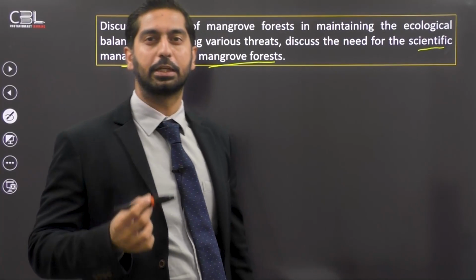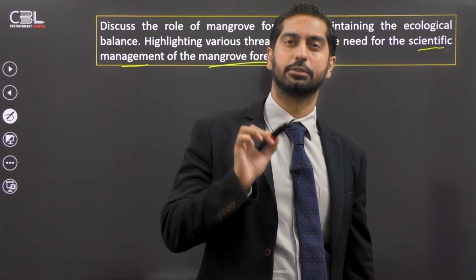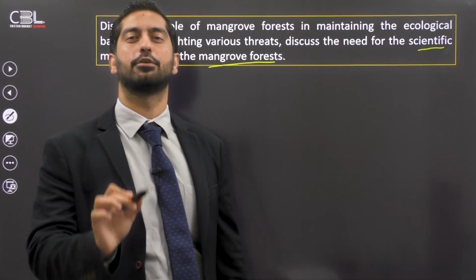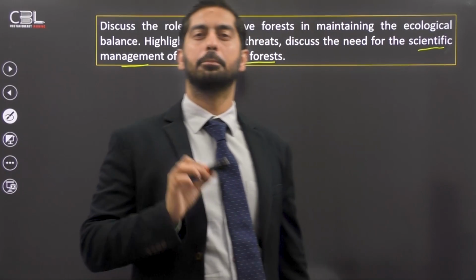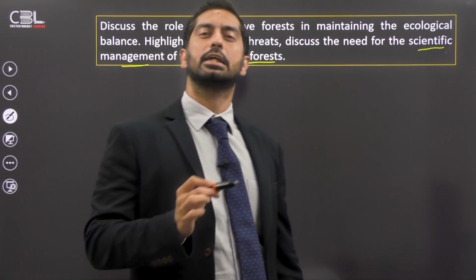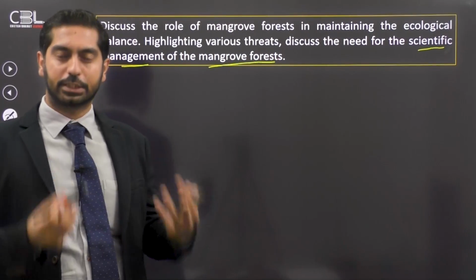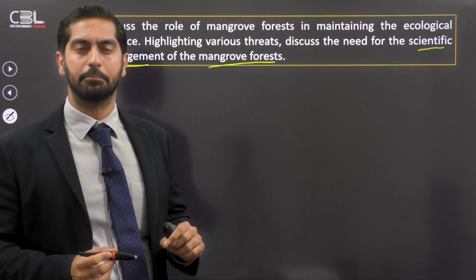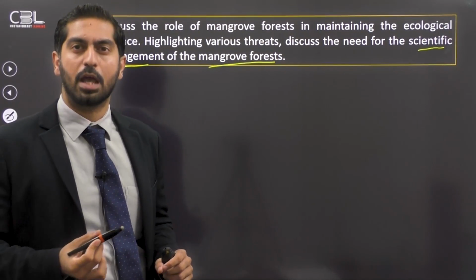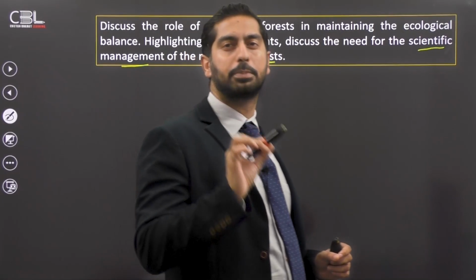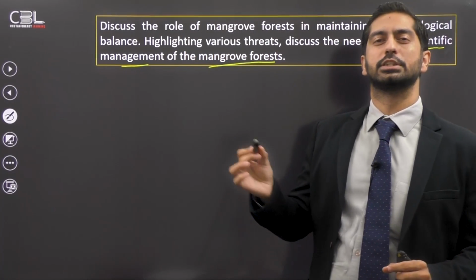We need to have a database of all the species of flora and fauna that are found in a particular coastal region, so that an atlas and a database of flora and fauna can be actively studied so that conservation efforts can be appropriately directed. Some of the mangrove species which are on the verge of extinction should be specifically preserved using biotechnology initiatives.